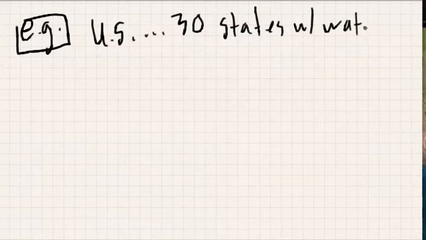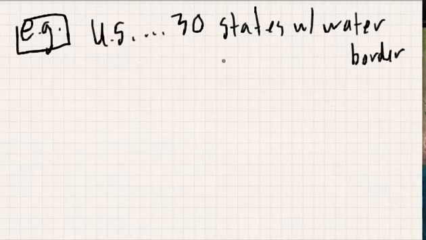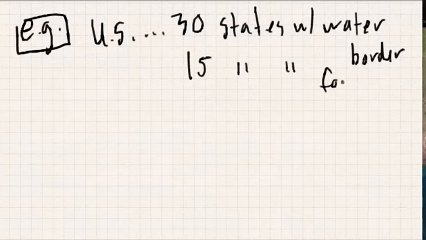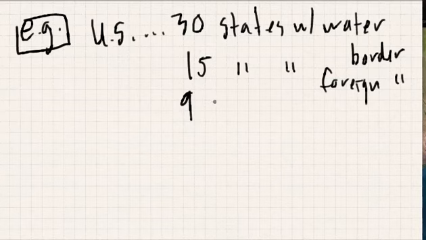I mean, both seawater, an ocean, or the Gulf of Mexico, or even, say, a Great Lake. And we have 15 states with a foreign border, either Mexico or Canada, of course. And we have 9 which have both.